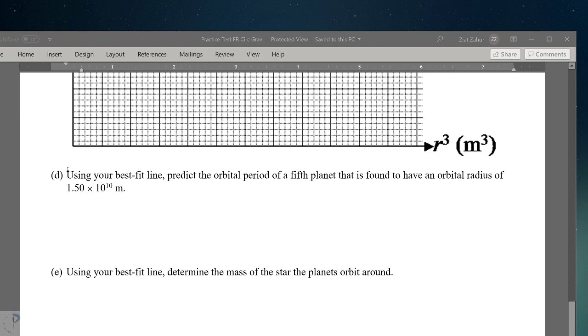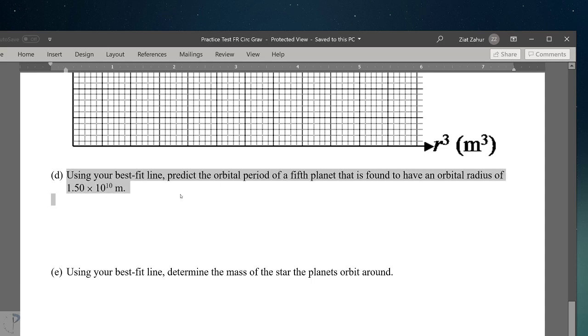All right. So we plotted. After you plot, using your best fit line, predict the orbital period of a 5th planet that is found to have an orbital radius of blah, blah, blah. So now that we have an actual equation, t squared as a function of r cubed, we can plug in any r. So basically, t squared is equal to 4 pi squared over capital G capital M, r cubed.